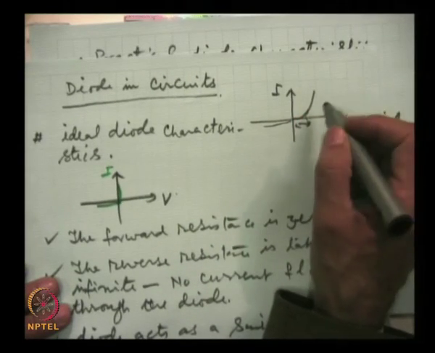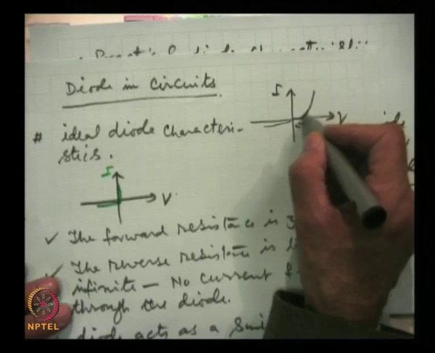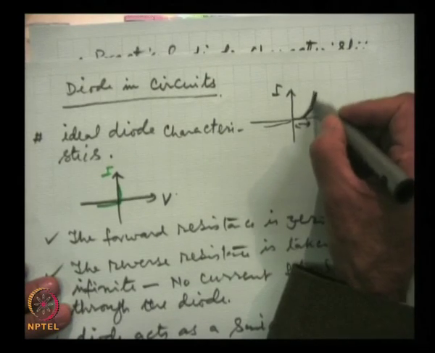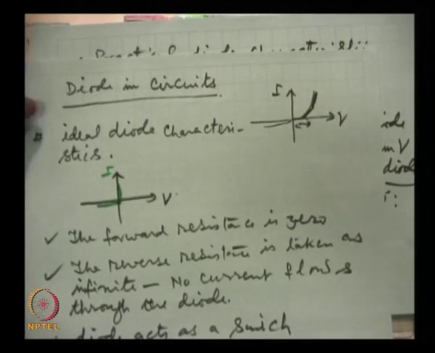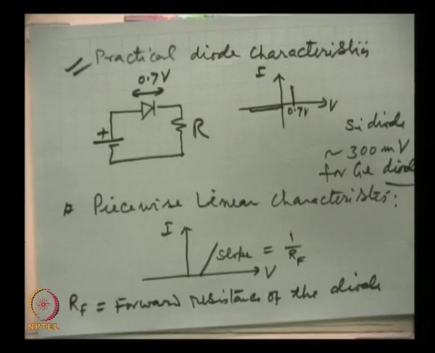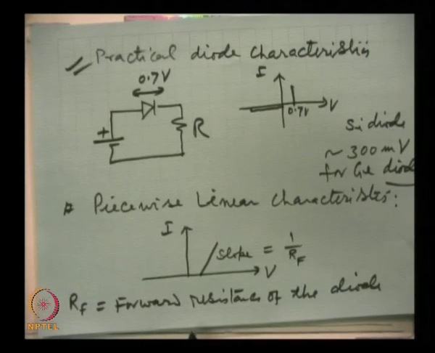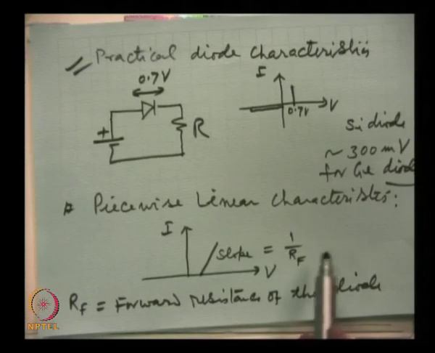So, actually the tangent is to be drawn at the operating point, that is, the range of voltages for which we are operating the diode. So, actually these characteristics prove useful in that case. So, the slope is equal to 1 by Rf.